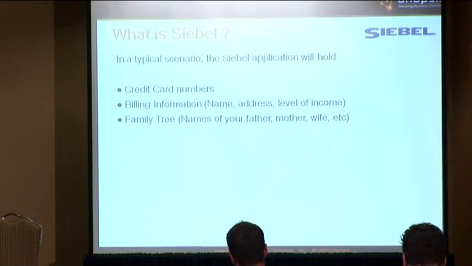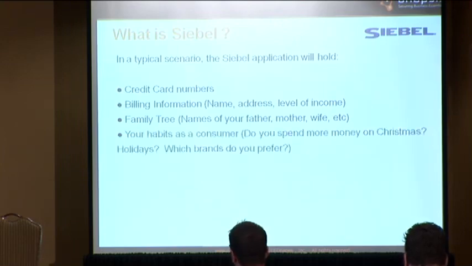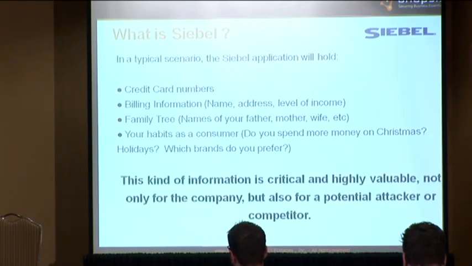Even if the company can figure out your relatives or your neighbors, it will be stored in the Siebel system as well. And your habits as a consumer. I mean, you tend to spend more money on Christmas, on holidays. Which brands you prefer? All this information is very valuable from the data mining point of view.